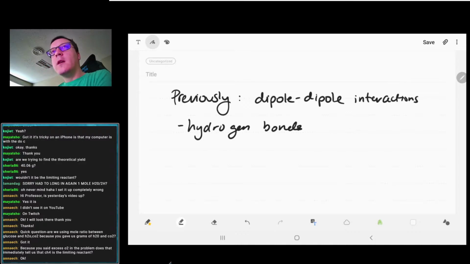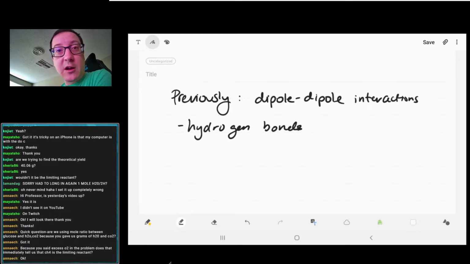Okay, so we're going to continue where we left off last time, however long ago that was. We were talking about interactions between molecules, and we had talked about dipole-dipole interactions, where polar things had partial positives and partial negatives that could interact with each other.